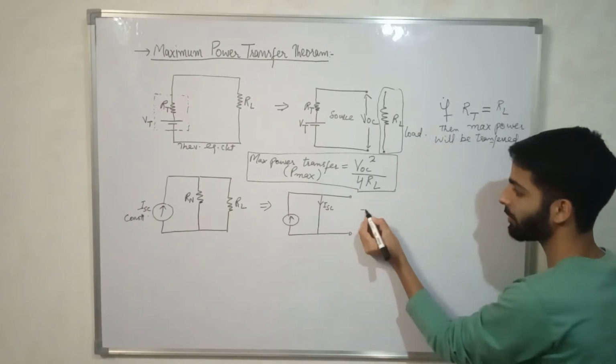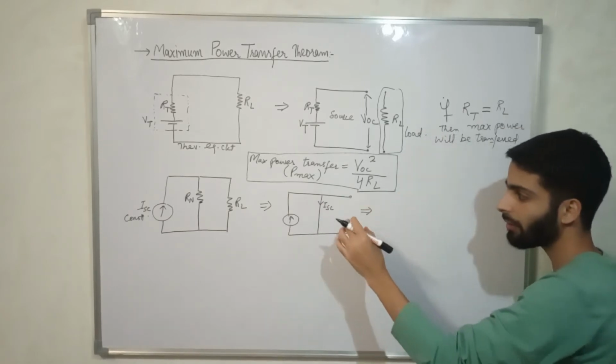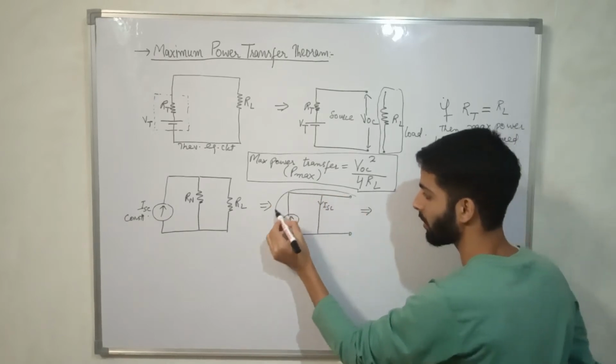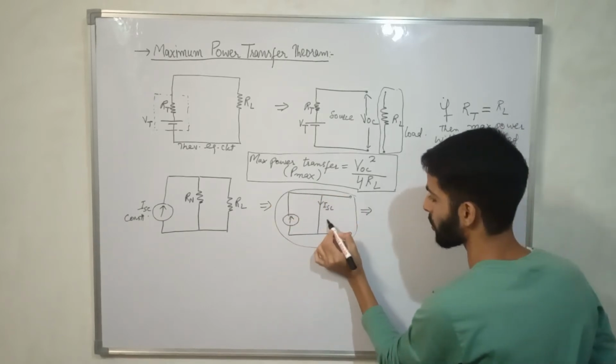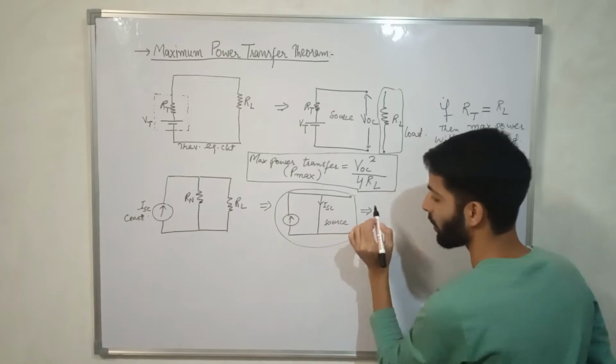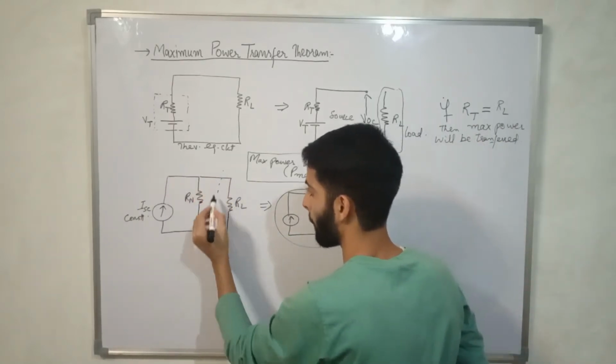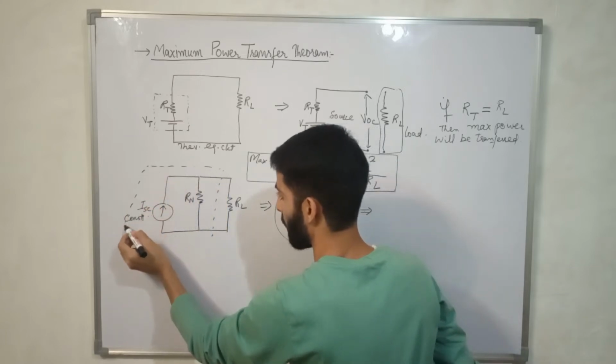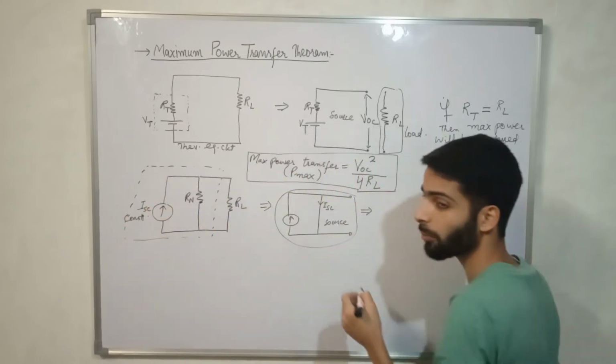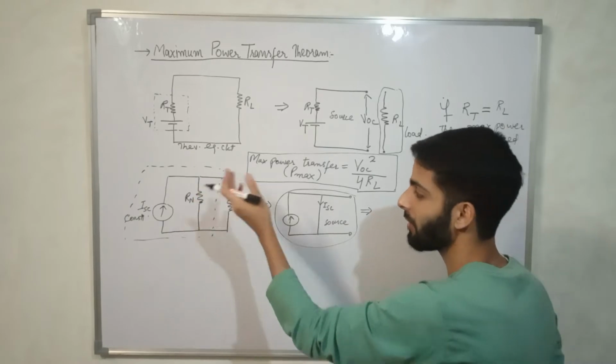In the context of this, maximum power, this is the source. Not the original source, but the original source is this much, which has an internal resistance also because it is never ideal, it is a real one.